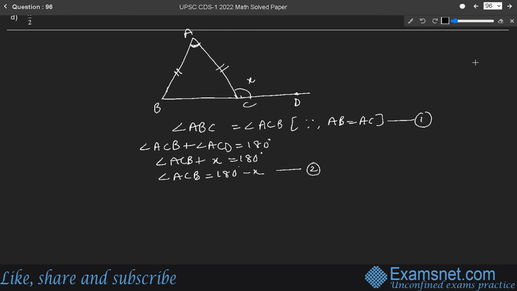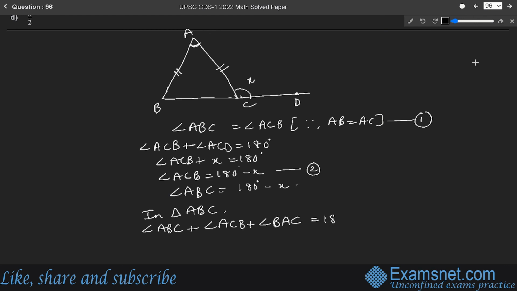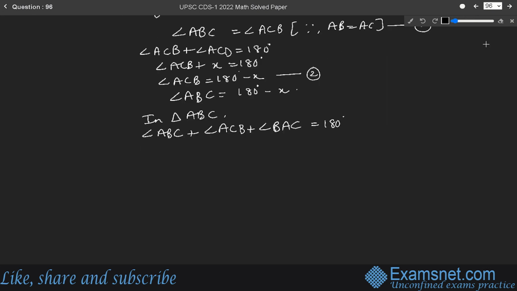Now from equations 1 and 2, we can say that angle ABC is equal to angle ACB. So we can write ABC in the place of ACB. Therefore angle ABC will be equal to 180 degrees minus X. Now let us look at triangle ABC. We know that the sum of the angles is 180 degrees, so angle ABC plus angle ACB plus angle BAC is equal to 180 degrees. We know the values for ACB and ABC.